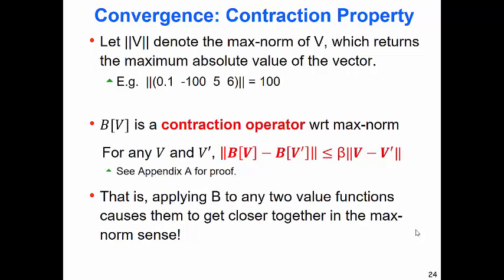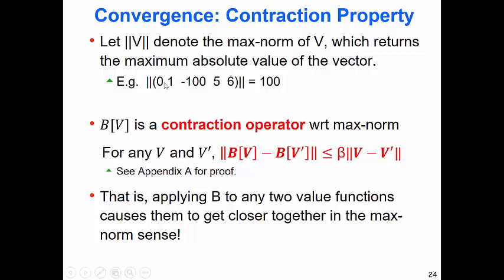The next property that's crucial is called the contraction property. This is all covered under a very general theory of operators, but we're going to talk about it more specifically in this context. To define the contraction operator, we need some notion of distance or vector length. In MDP theory, often we use something called the max norm as the measure of distance.